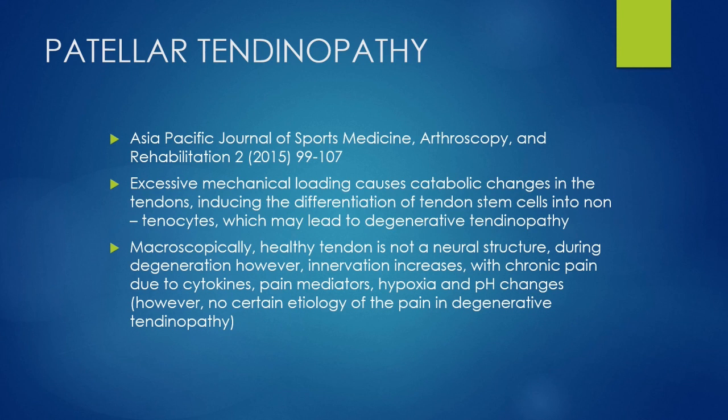The theory of the degenerative tendinopathy model is that excessive mechanical loading causes catabolic changes in the tendons. Well, what are some of those catabolic changes? The most important of which seems to involve differentiation of tendon stem cells into non-tendon cells. So we have the conversion of normal tenocytes, tendon cells, which are responsible for the production of normal healthy tendon, into non-tenocytes.